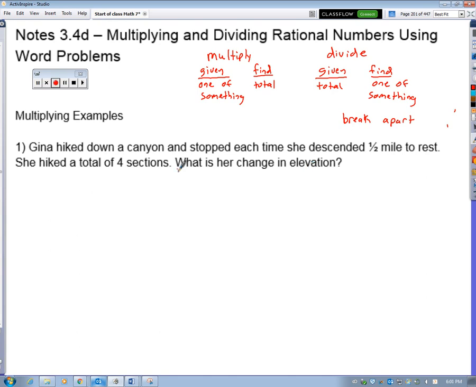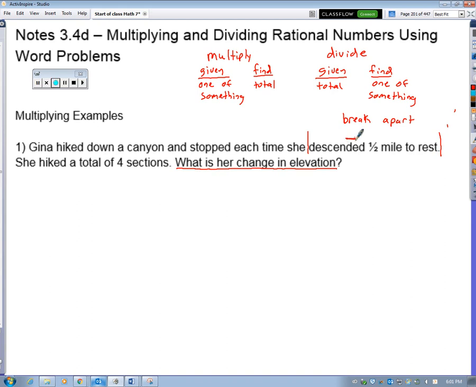So I read through the problem. Now I want to underline the question. I want to try and find her change in elevation. Let's go through here and identify our facts. So we know that she descended 1/2 mile to rest. Descending, she's going down.